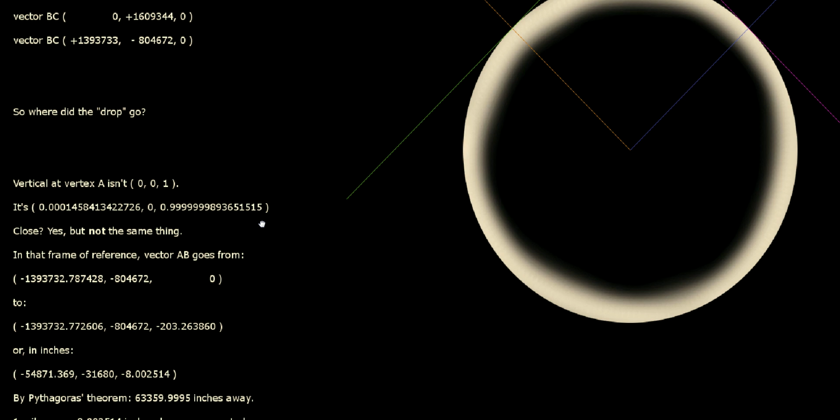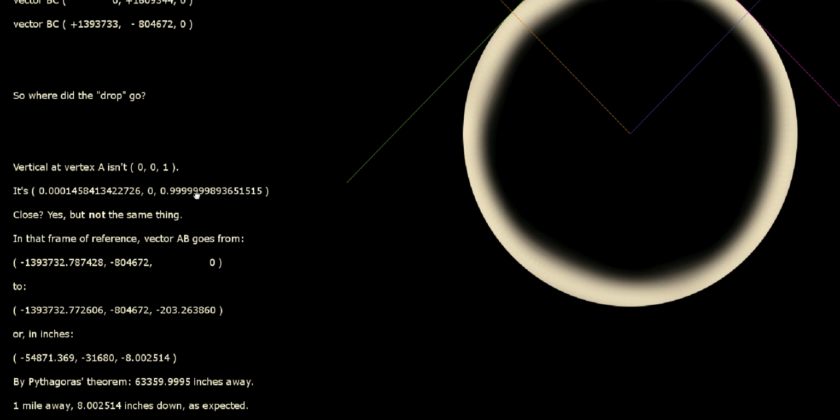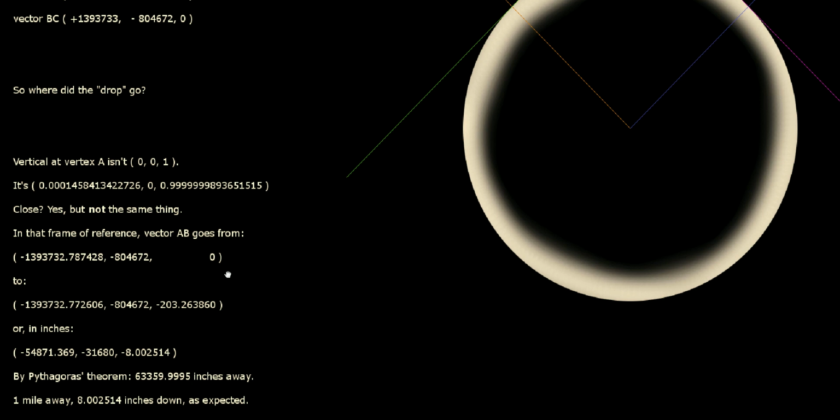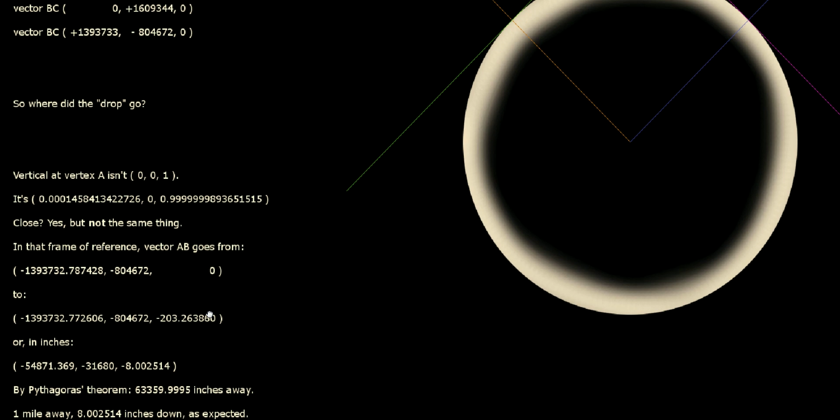Very slight change. In fact, it's 0.9999999 of that. Your 804,672 remains the same because you're rotating around the y-axis, so your y component of the vector doesn't change. Your 0 goes to minus 203.263860 millimeters.